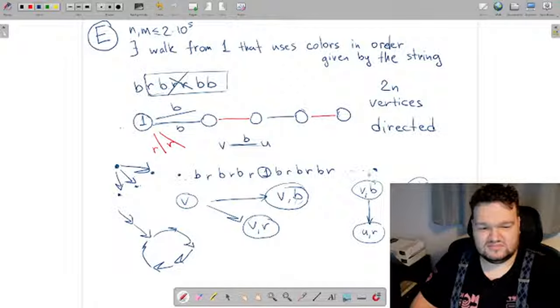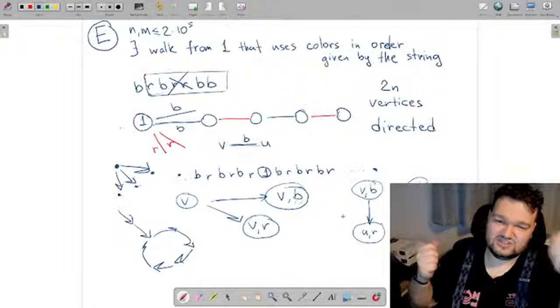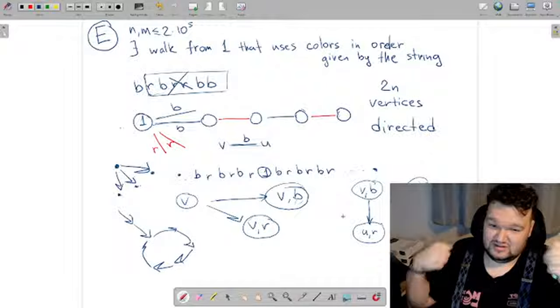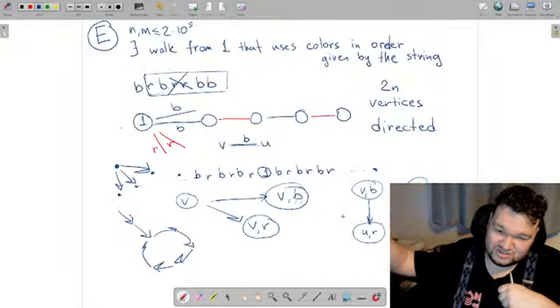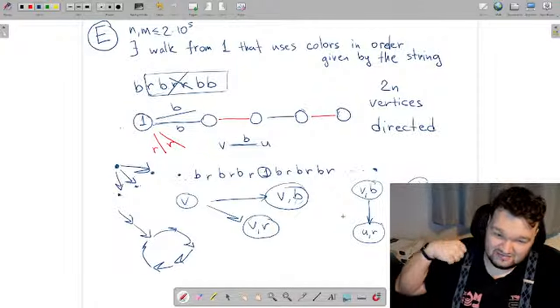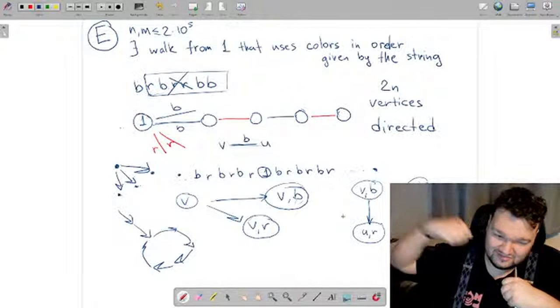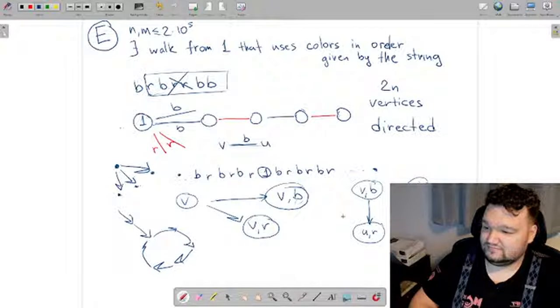This way our graph is directed now. So the state is where I'm staying and what is the next color I want to use. From that state, I can look at all the edges of the color I want to use from that vertex, and when I use that edge, I go to the other endpoint but flip the color. Does that answer the question?